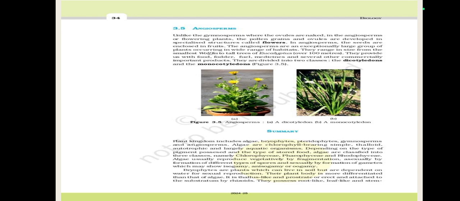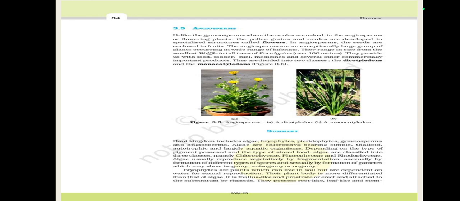Algae usually reproduce vegetatively by fragmentation, asexually by formation of different types of spores, and sexually by formation of gametes, which may show isogamy, anisogamy, or oogamy.